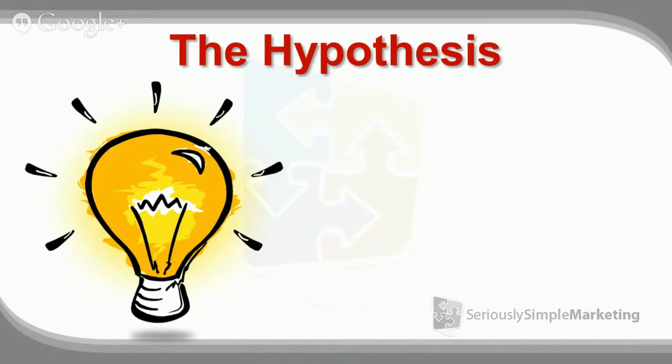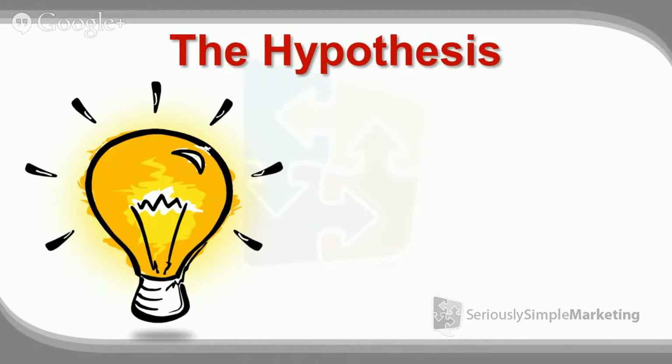Again, 90% of tests that are out there tend to be off. When you look at their results, they're really not any good. They're just practically guessing, and they saw something light up on a testing software that said it was a good test, and they're like, okay, fine, that must be the winner. But when you really look at the numbers, it's not. And again, we'll talk about that in just a second. But they don't necessarily have hypotheses behind any of these tests. They're just guessing at different stuff.